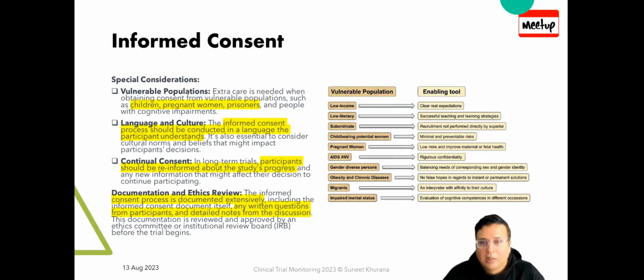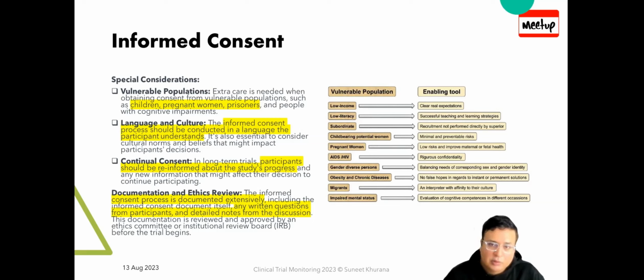And then the subordinates: I have seen in a pharmacy institute, the principal investigator was the lead pharmacist, and he was conducting the drug studies on students. That is not the right thing to do.